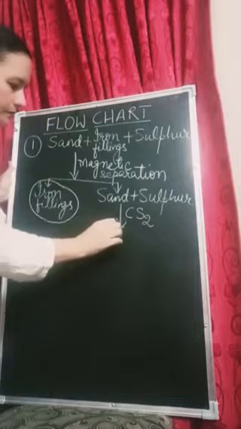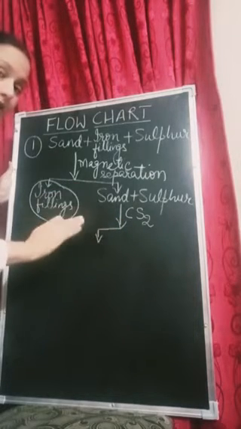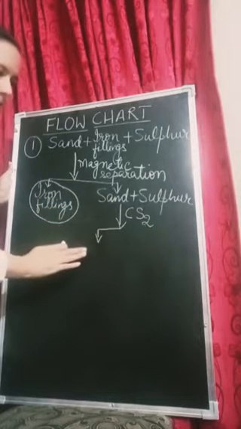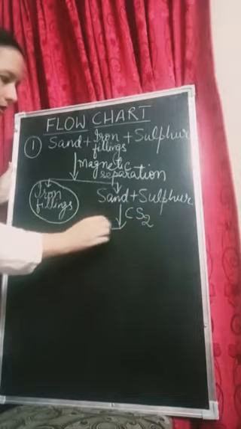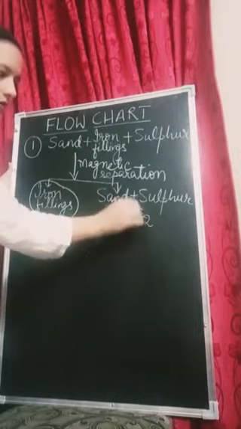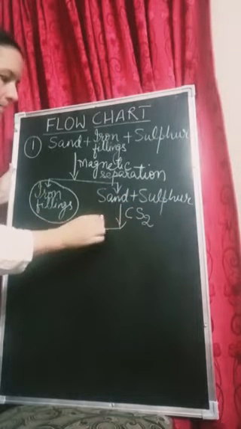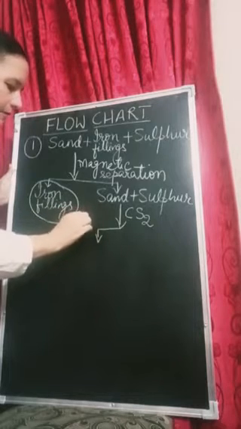So here I will get, after sedimentation, decantation, filtration, sand will be separated and sulphur and carbon disulfide will be there. So after dissolving this mixture into carbon disulfide, I will use the next step and that is sedimentation.